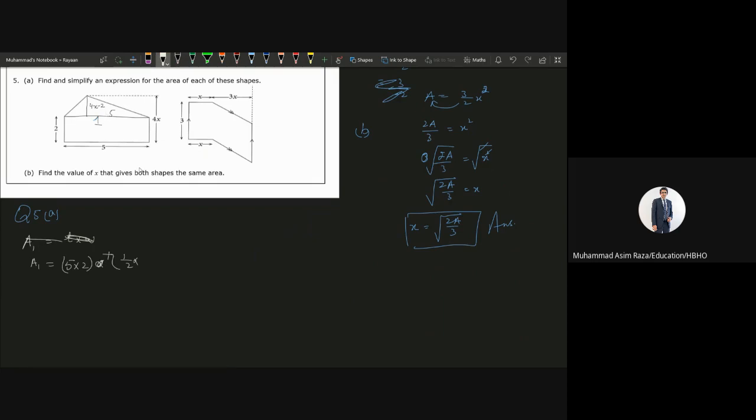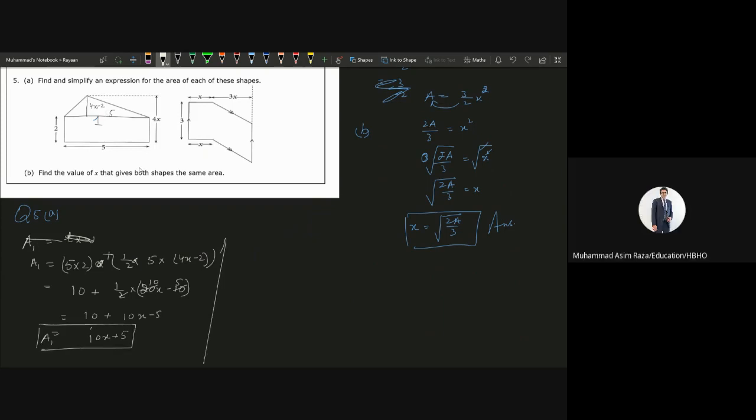So we write 1 over 2, base is 5 and height is 4x minus 2. So we have 10 plus 1 over 2 into 20x minus 10. So 2 into 10, 20x, and here it is 5. So we have 10 plus 10x minus 5, and this is equal to 10x plus 5. Did you understand this? Yes, sir. This is the area of shape 1.